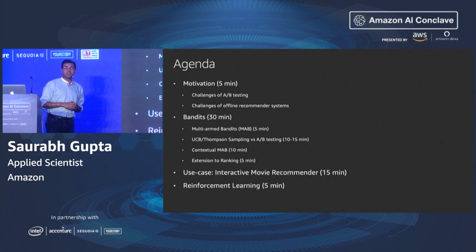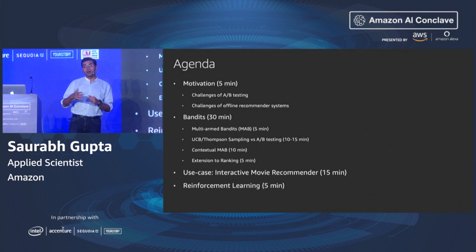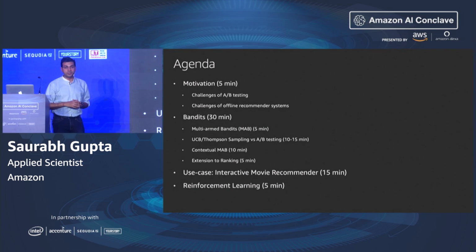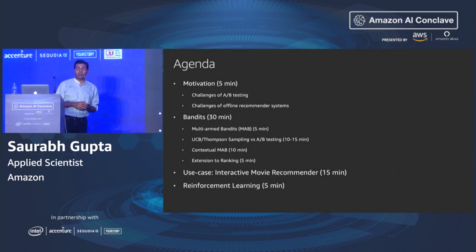And then I'll also show you how we can extend bandits to ranking. Finally, we'll present a use case where we'll showcase how we can use all these learnings, contextual bandits specifically for ranking, and implement them to develop an interactive movie recommender system. And finally, we'll just talk a bit about the reinforcement learning offerings on SageMaker.